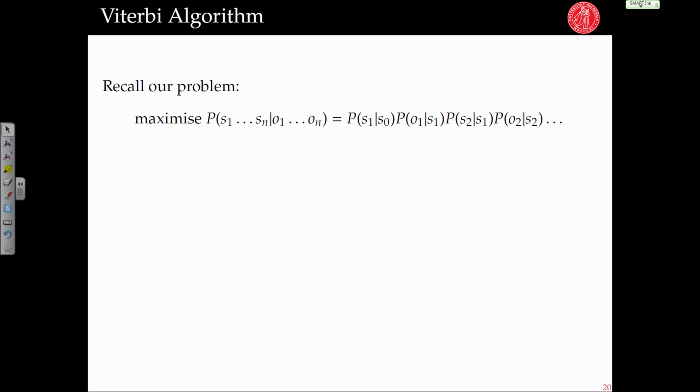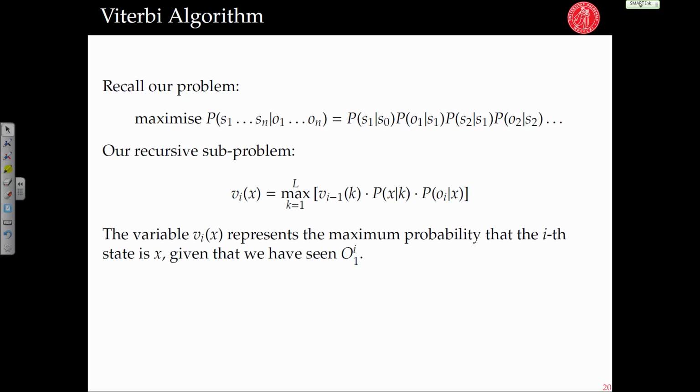So again, if you remember, our problem is to maximize S given O. Here we have written out the sequence S, from S1 to Sn, given O1 to On. Again, it's a multiplication of the transition and the emission probabilities. In order to define our problem as a recursive problem, we'll introduce a variable.